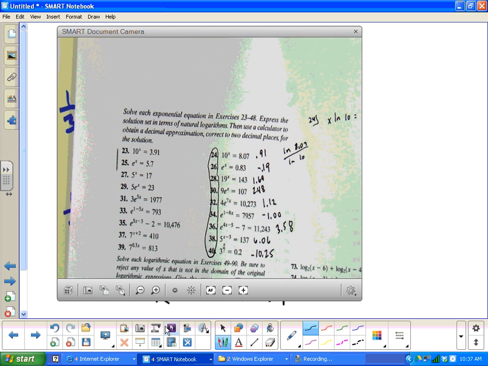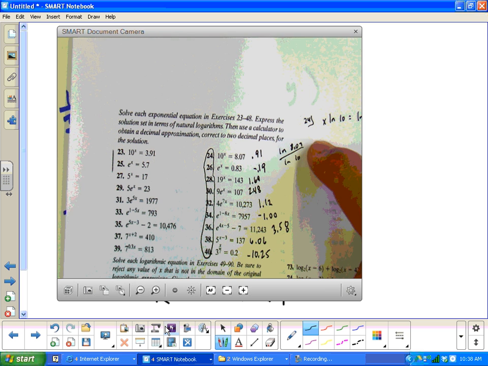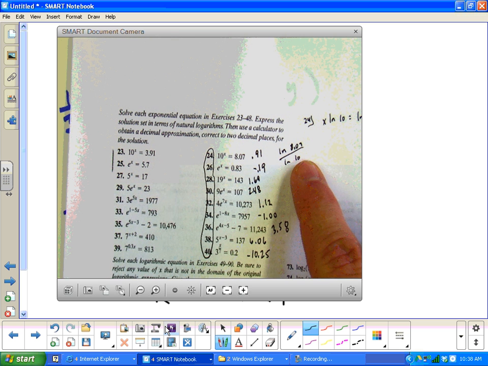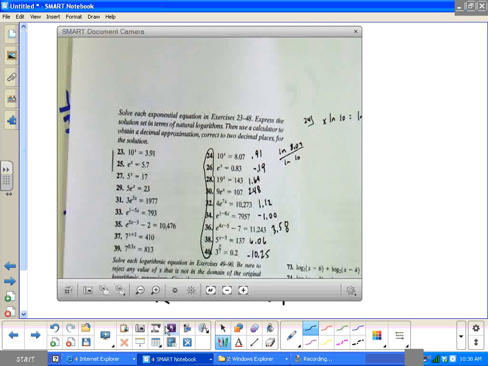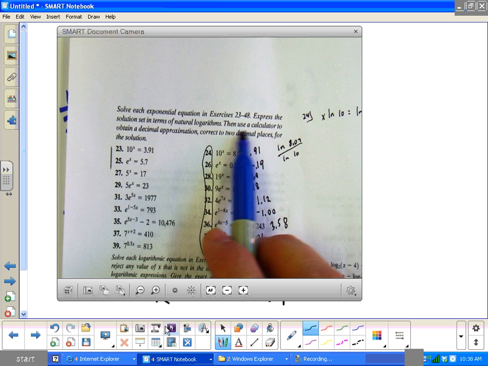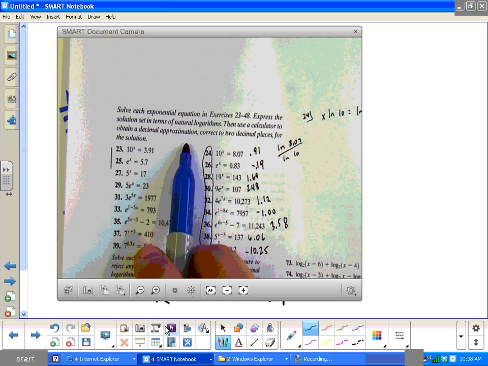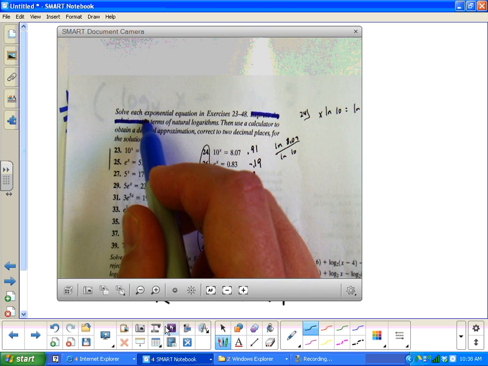I'm not going to make you do that. What they're saying is, instead of dividing it out on the calculator, you would just leave the answer in terms of natural logs. Like 24, you would leave as natural log of 8.07 divided by the natural log of 10. That's what the solution would be in terms of natural logs. So you don't have to do that. All I want you to do is go ahead and use your calculator and round it to 2 decimals. So you don't have to worry about this part right here. Okay, scratch it.